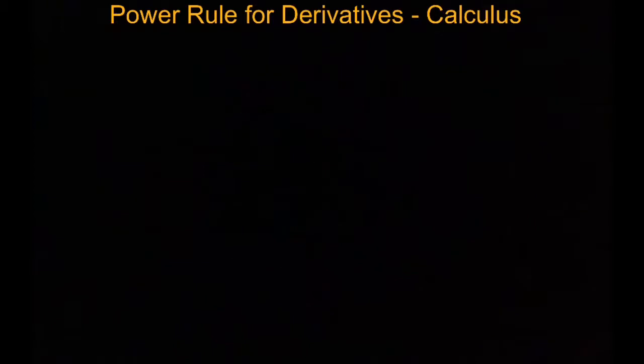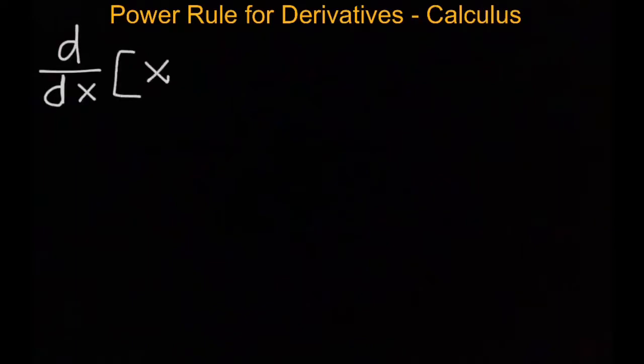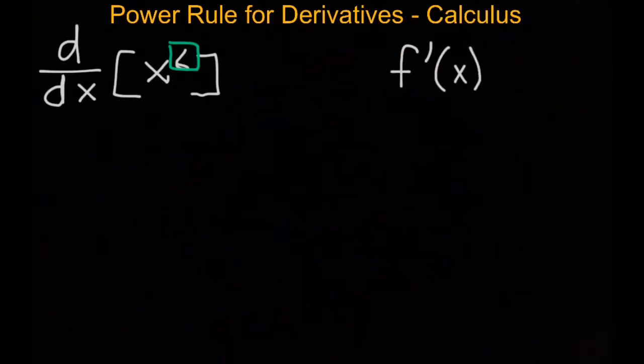Now, let's do some more practice examples so you can get the hang of it. Let's find the derivative of x to the power of 6. So how would we do something like that? We can identify our n value as 6. And knowing the formula, f prime of x equals nx to the power of n minus 1, we can just substitute 6 into n.